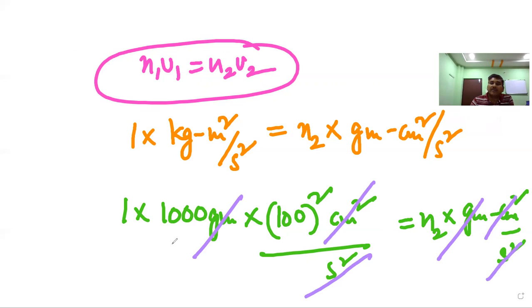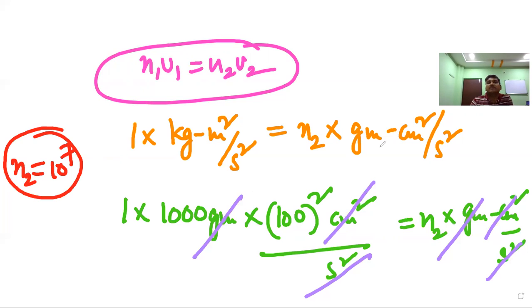So observe carefully. 1000 into 10 to the power of 4. That means 10 to the power of 7. So finally, N2 becomes 10 to the power of 7.